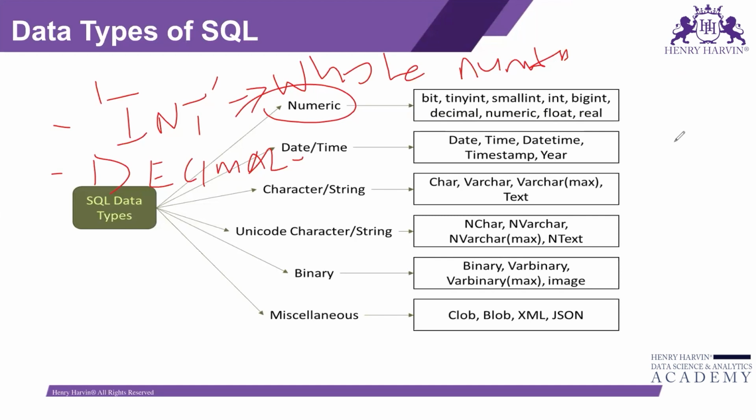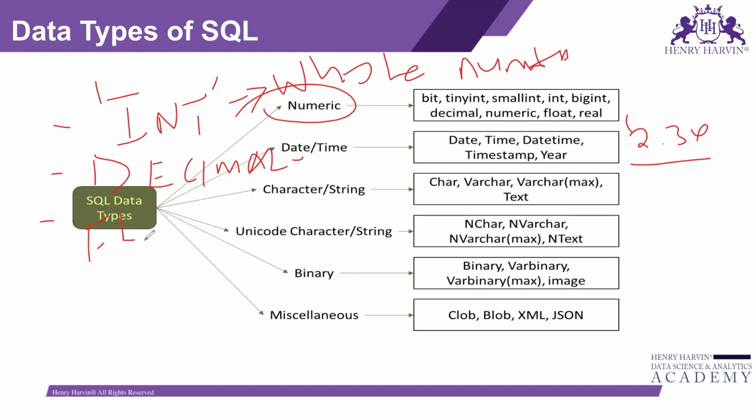We use it to represent fixed point numbers with specified precision and scale. For example, if you want to represent a number like 2.34, this is a decimal with precision and scale. It's fixed.